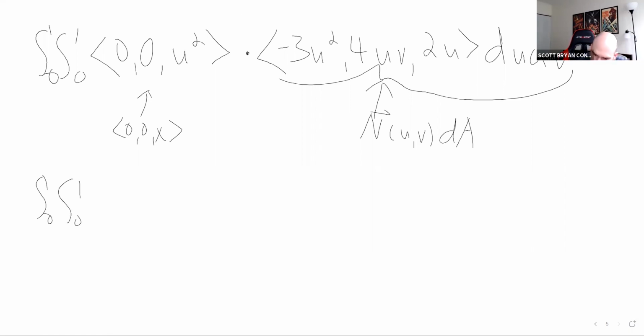So we get 0 plus 0 plus 2u cubed du dv. And that's a very straightforward integral. We just get 1/2.